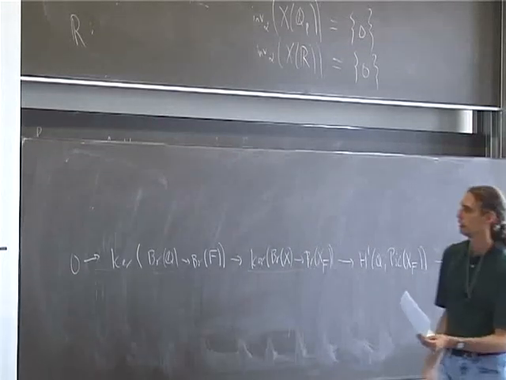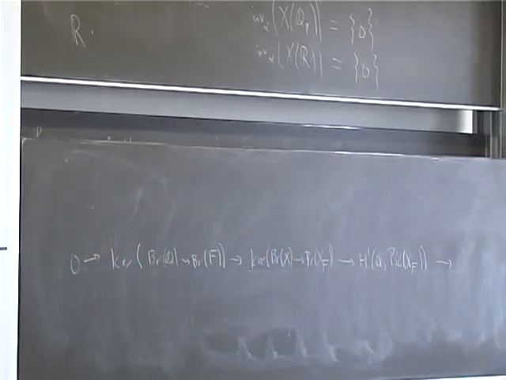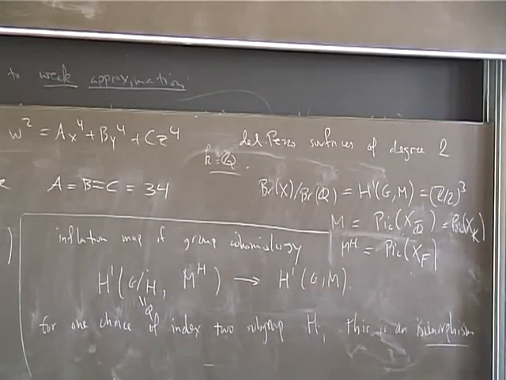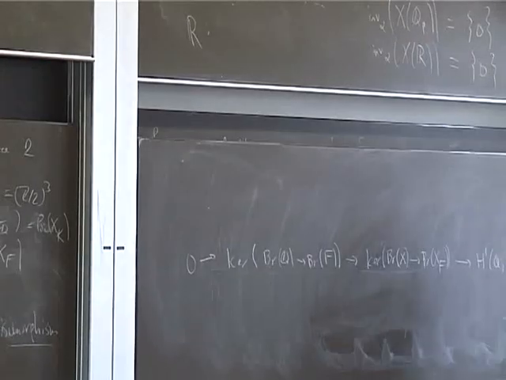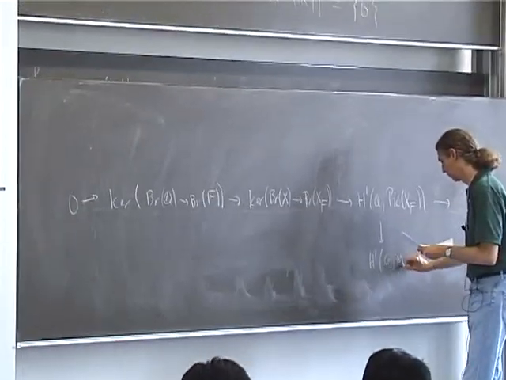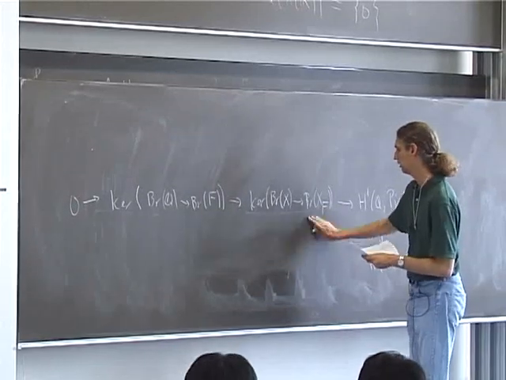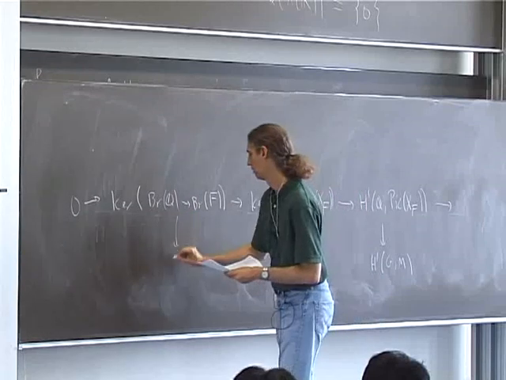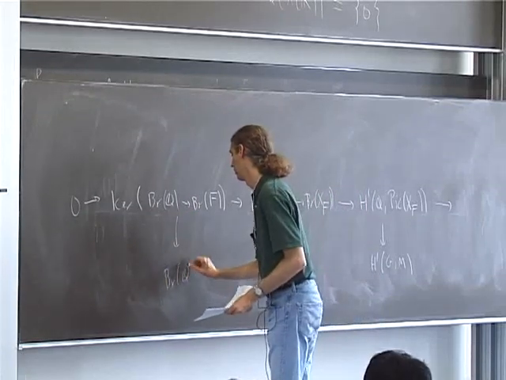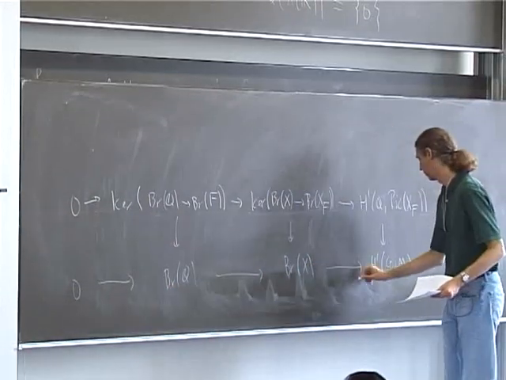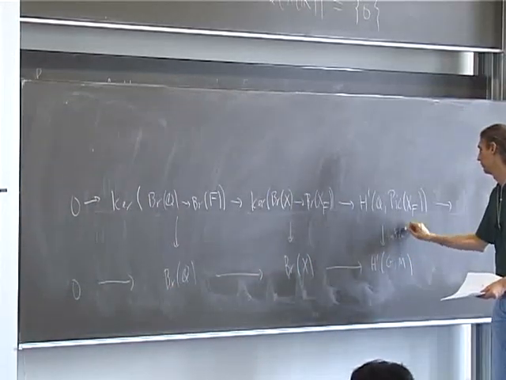Now let's call this Q. So Q will be the quotient group. And then the inflation map, just put it alongside the other. So this is the inflation map.